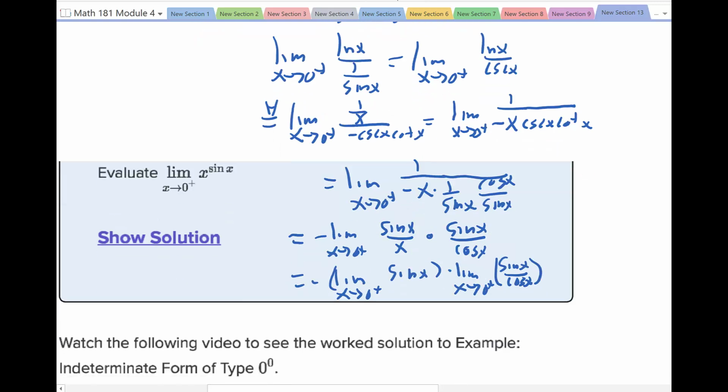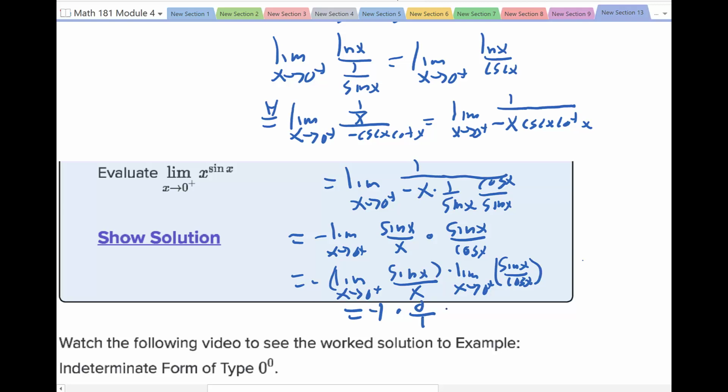And that's going to give us, this is sine x over x, excuse me. We've seen the sine x over x limit as x approaches 0 to be 1. We've worked that quite a bit, even back in our early days of the class. And then the limit as x approaches 0 of sine x over cosine x is sine of 0, which is 0, over cosine of 0, which is 1.